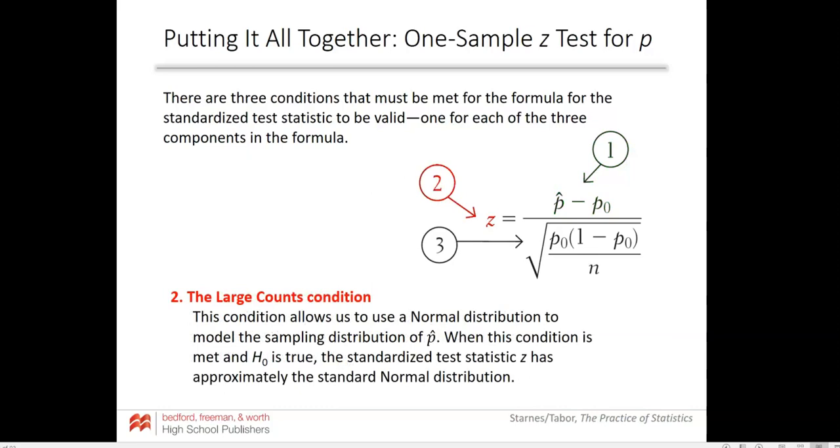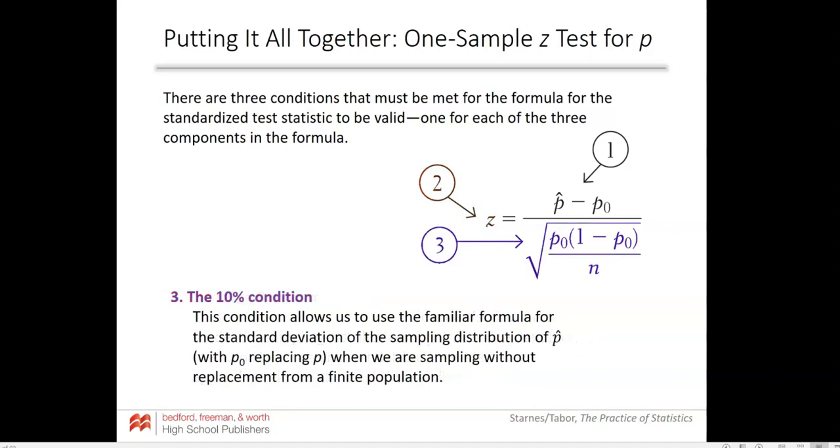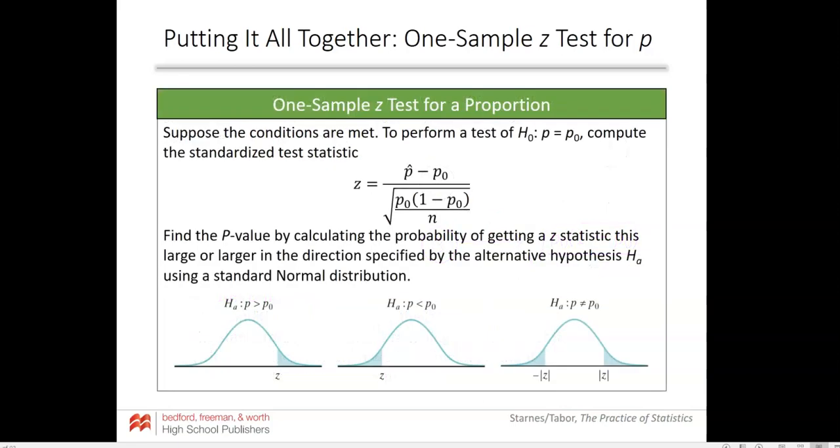The second one is large counts. Large counts proves normality, and we can't use a z critical value unless we have a normal curve. We just can't, so that's crucial. And you probably remember from intervals that the standard deviation is justified by the less than 10% condition, so we have to check that before we do standard deviation.